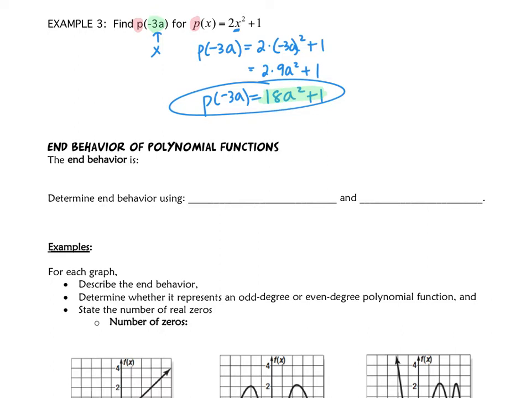We're going to move on and look at the next topic for us, which is end behavior. So let's start with, what does end behavior mean?